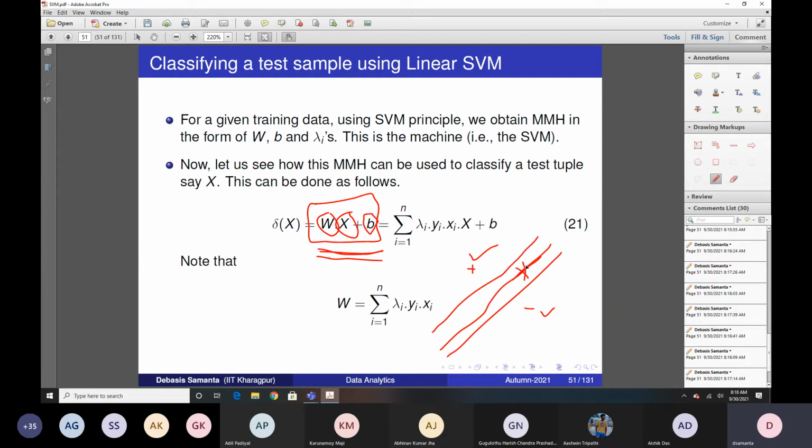Now if it is equal to 0, then what will be your decision? Can anybody tell? That means if w dot x plus b for some unknown data x gives you 0 value. If positive or negative, no issue. Positive means it belongs to class plus, negative means it belongs to class minus. Now if it is equal to 0, then in which class should it be?